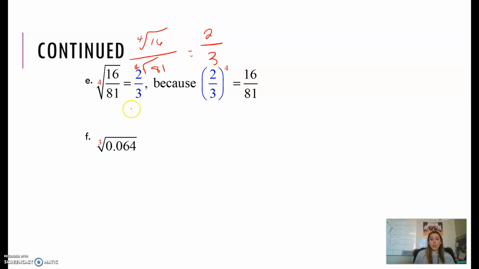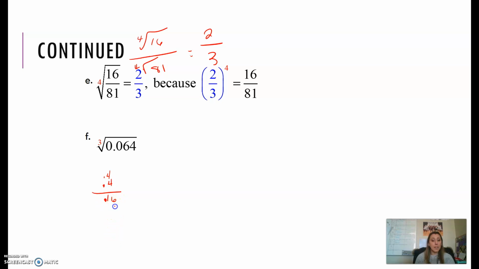And then this one, you can do it a different way. We know the cube root of 64 is 4, so we can use that idea. We could do 0.4 times 0.4, and we would get 0.16, because 4 times 4 is 16, and then we count the decimal places, 1, 2, so we move it 2 decimal places.